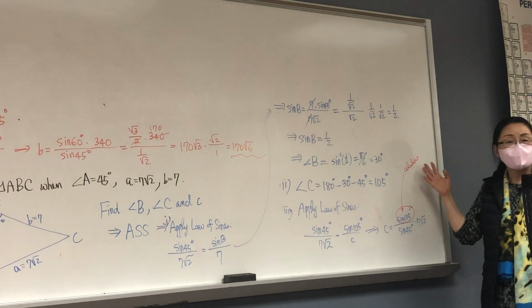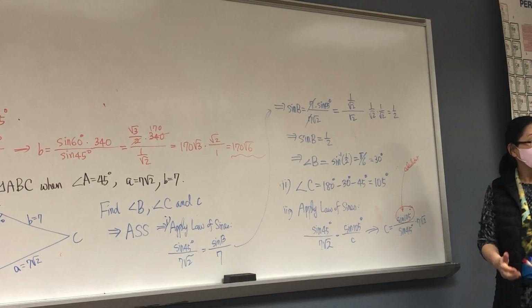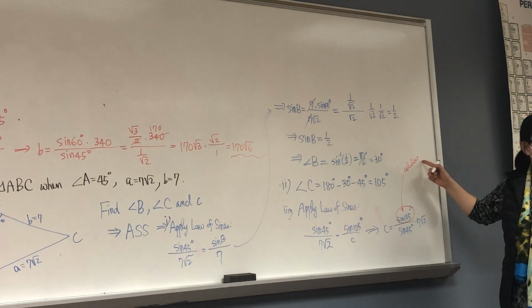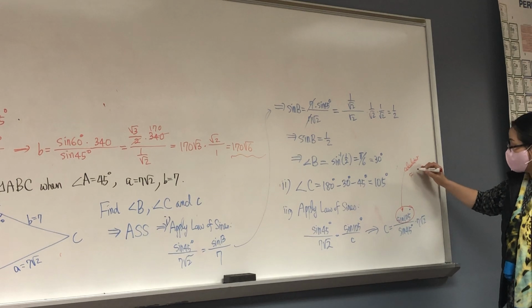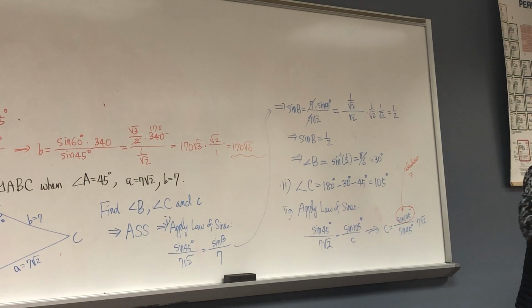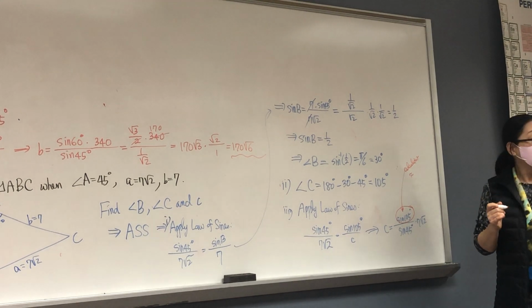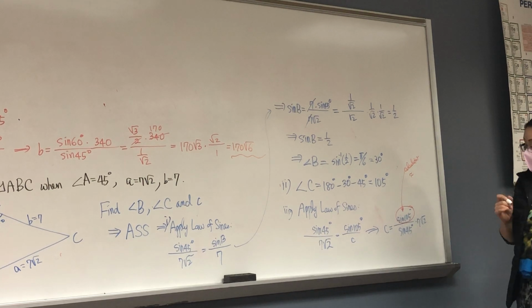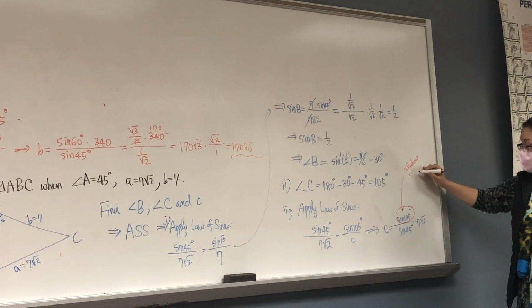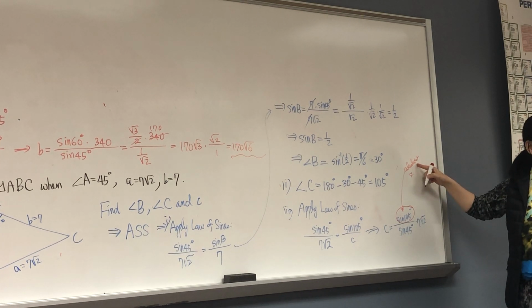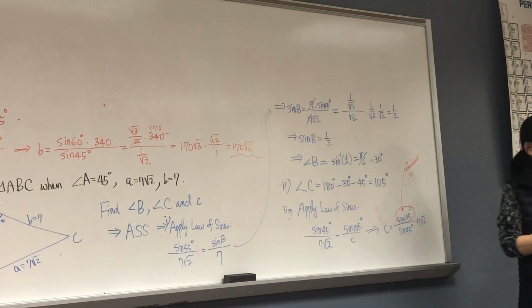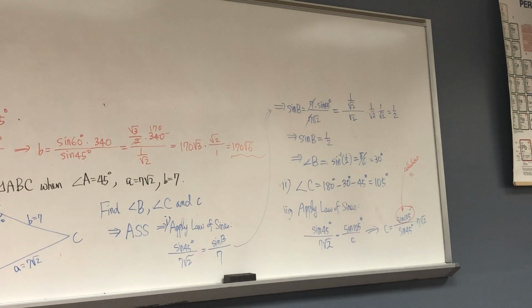Sine 105 is root 6 plus root 2 over 4. Whoa, your calculator has roots? Weird. Right? What is it? Sine 105, I just... when I've got it set to radians, it comes out differently. So you have to change it to degrees, according to your calculator setting default.